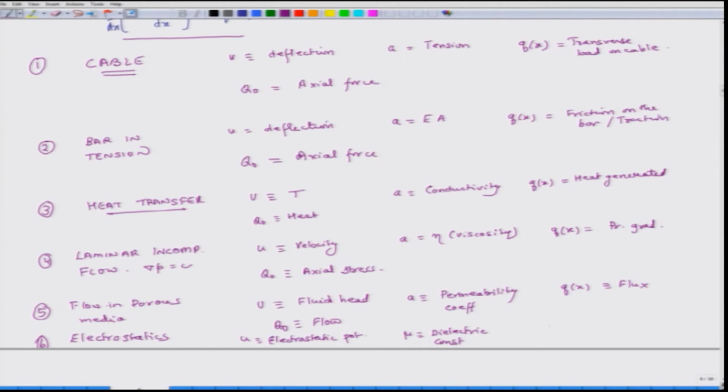And then Q corresponds to charge density, and Q naught corresponds to electric flux.